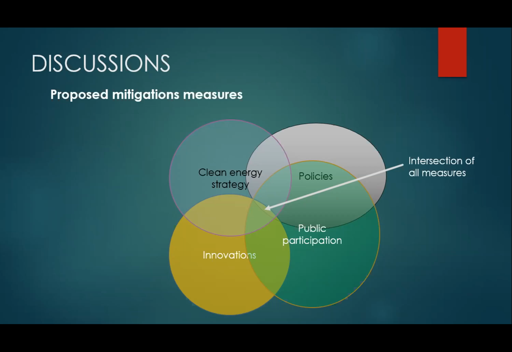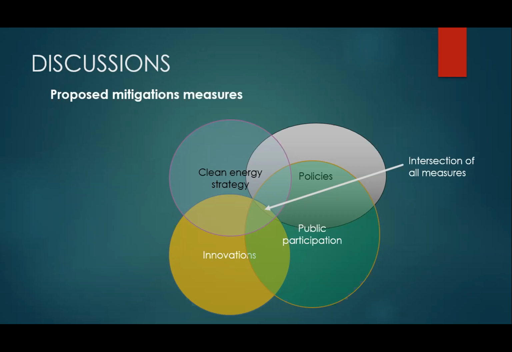We have part of it in Turkana, and of course, in Ngong Hills, there's also wind power generation. So the country is doing fine, but then it needs to do more, especially in terms of solar energy.